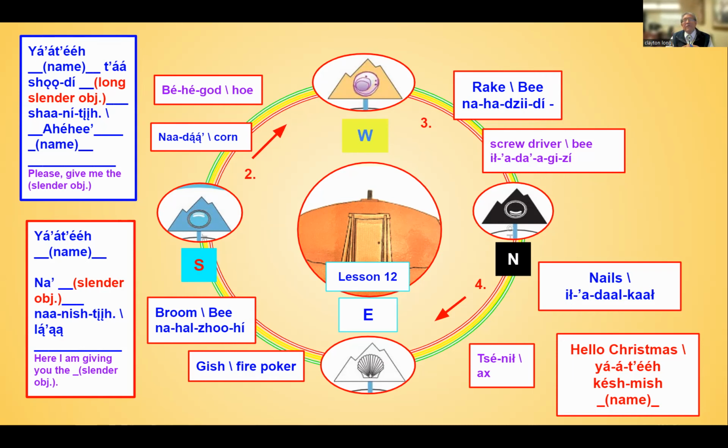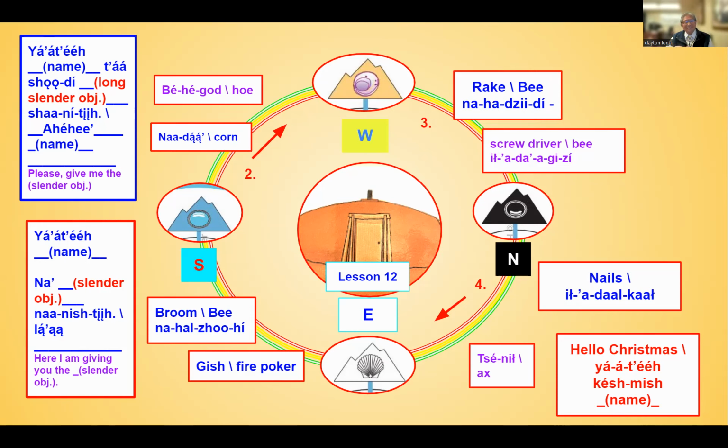Ashwanda. For Shaanítįįh. So tonight, when you're sitting at the table with your family, just say, hey, I'm going to ask for things here. I'm going to give you guys a command here. By the way, Yade Keshmish to everybody, and then say, Shema. And now you have to figure out what the long, slender stuff is.